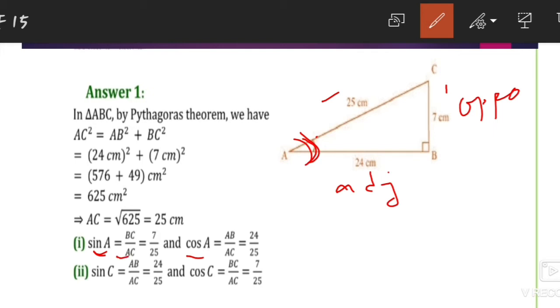Put the value of BC and AC, it will be 7 by 25. Similarly, for cos A, cos A was adjacent by hypotenuse, that is AB by AC. Put the value of AB and AC, it will be 24 by 25.